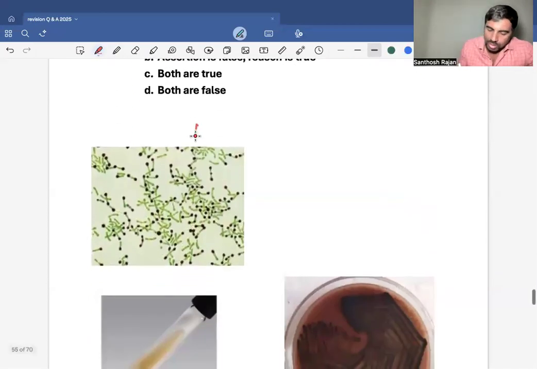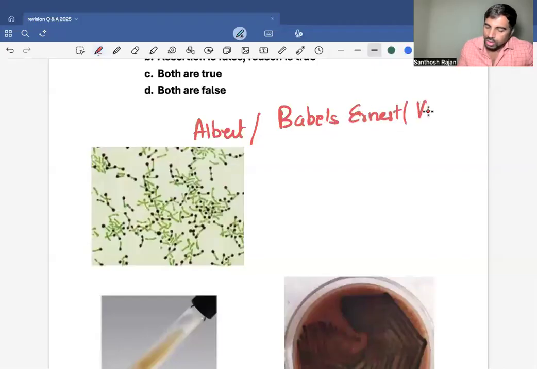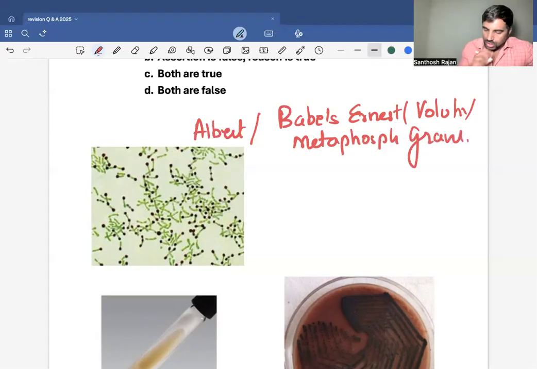So this is your Albert stain. You know the granules' name? Babes-Ernst granules, or volutin granules, or sometimes metaphosphate granules. All are stained by Albert, but of course we have a four-stain plan.